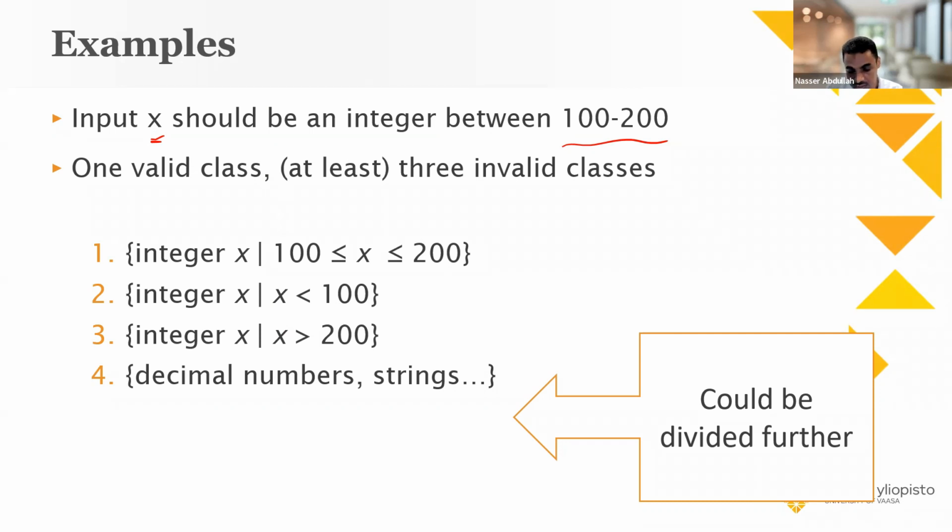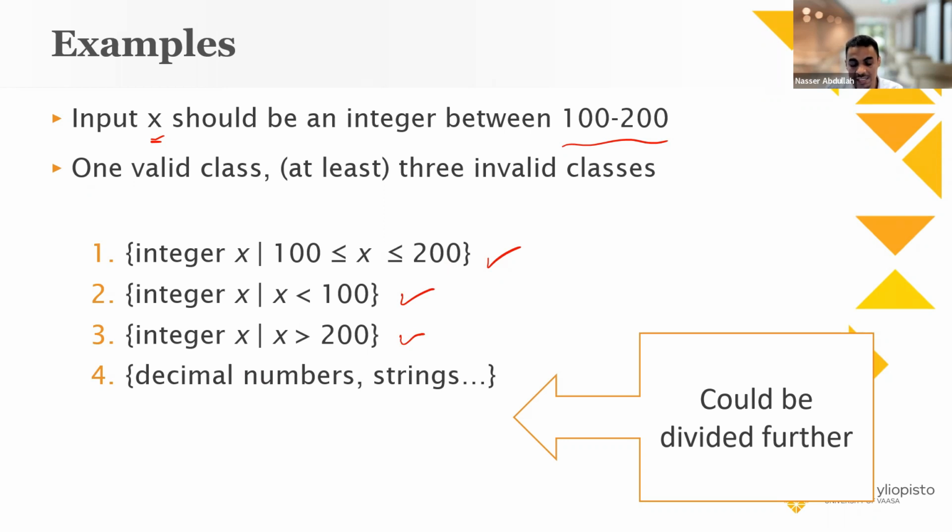So we say the first partition is x between 100 and 200, including 100 and 200 as well, which is the valid one. Then we go for any number less than 100, and then another partition which is more than 200.